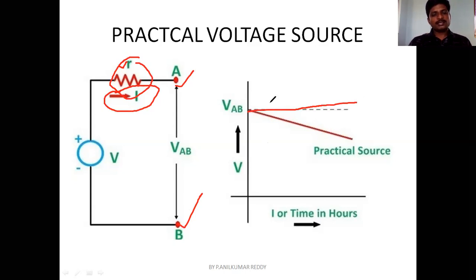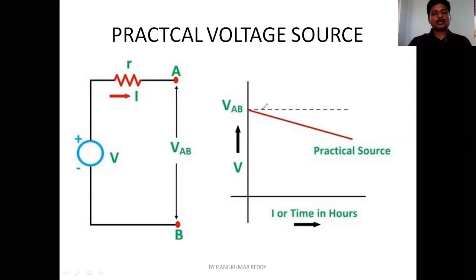There is a limitation of voltage supplied by the practical voltage source. It cannot supply for infinite variation of load. Definitely, based on the internal resistance, it is going to give energy to a particular set of voltages.